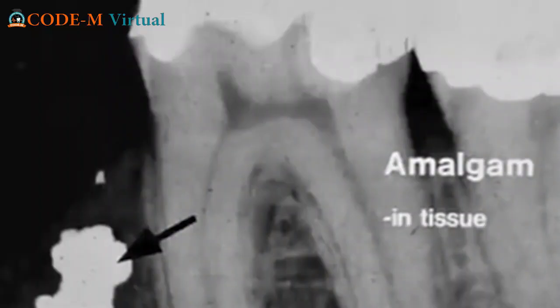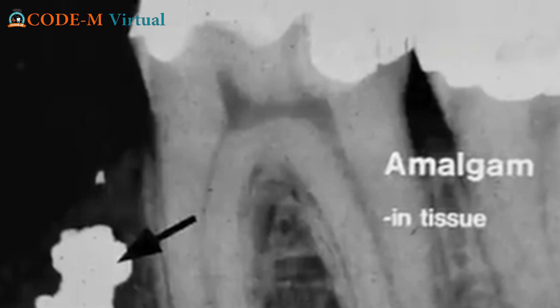And now about this x-ray. This x-ray is showing some material in the extraction site from where the tooth has been extracted, and most probably it is because extra amalgam dropped into this area, or that extracted tooth had some amalgam filling.